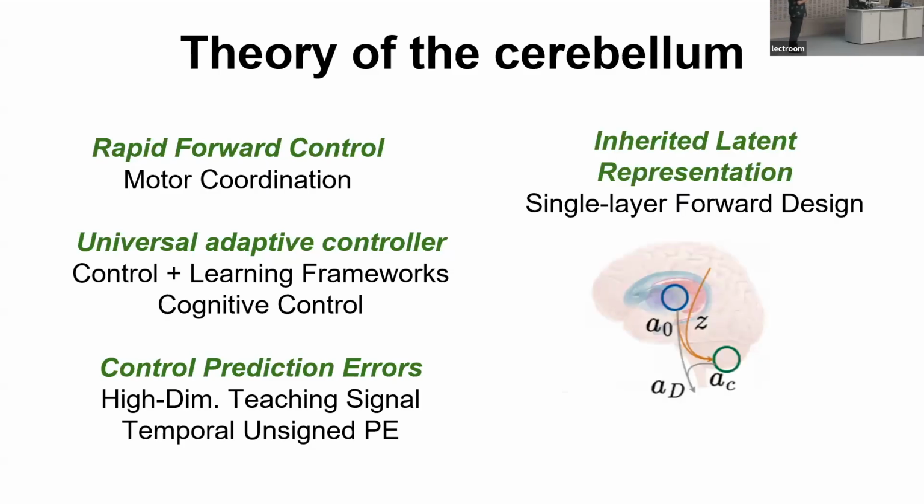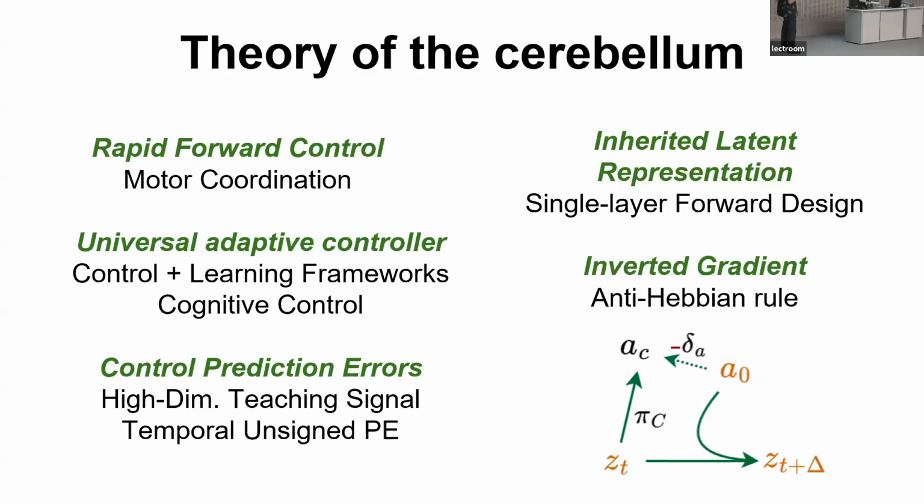Because it inherits the representation and is just correcting within that representation, you don't have to learn it. So there's no representation learning here. So you can do this system in a single forward model. That would maybe explain why you don't have recurrency in the cerebellum, because you don't need some complex representation.